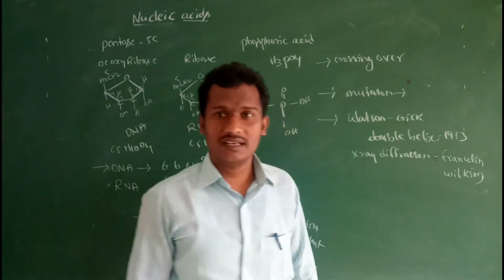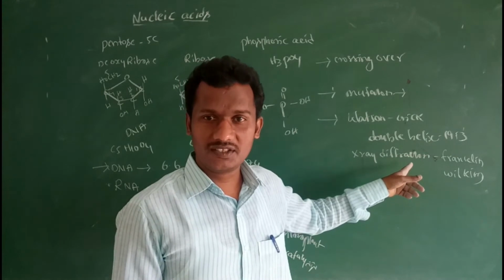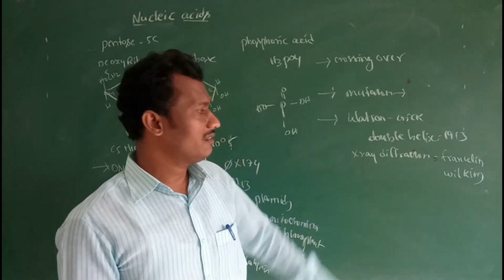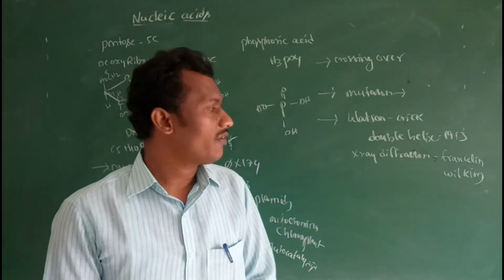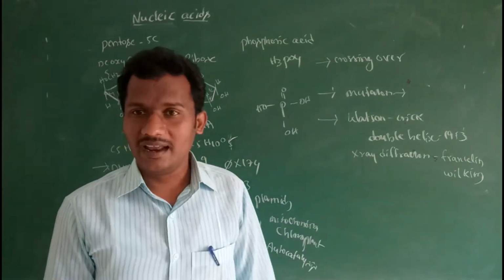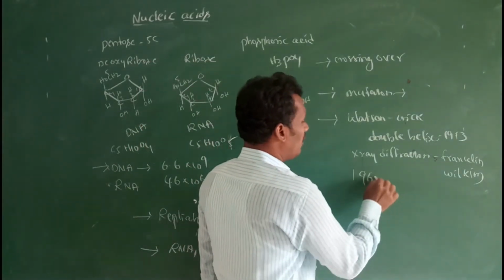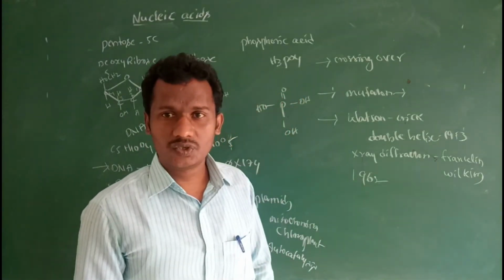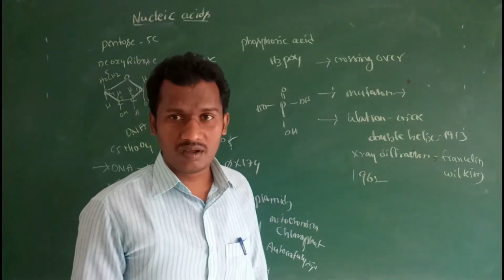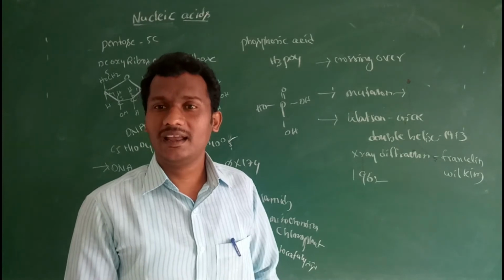Watson, Crick and Wilkins were awarded the Nobel Prize in the year 1962. The double helical structure is a hallmark proposition by Watson and Crick.